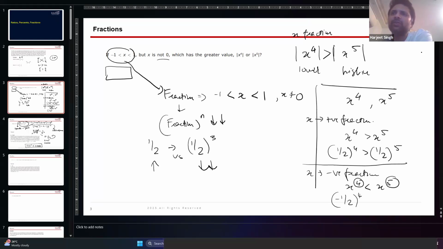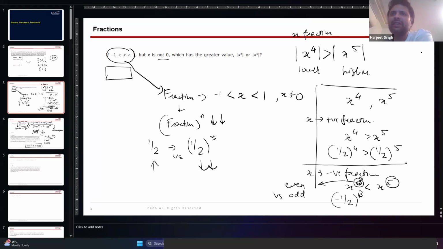If you have even versus odd, you need to be careful, because an even power of a negative number will make it positive, right? So if I were to compare odds, then yes, this relationship holds true.